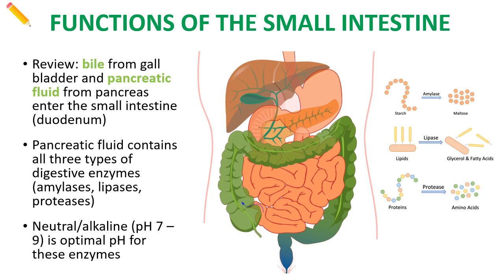So we'll start off with a bit of review. Remember, if we look in this section here, which is the duodenum, the start of the small intestine, remember this is where the bile comes in from the bile duct, from the gallbladder, and it's also where all the enzymes come in from the pancreas as well.